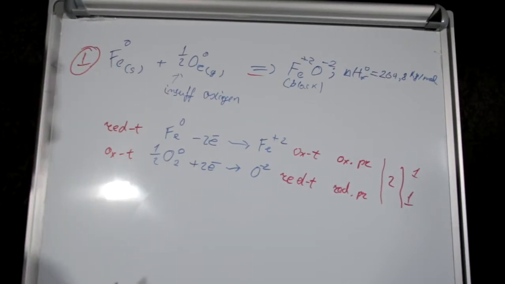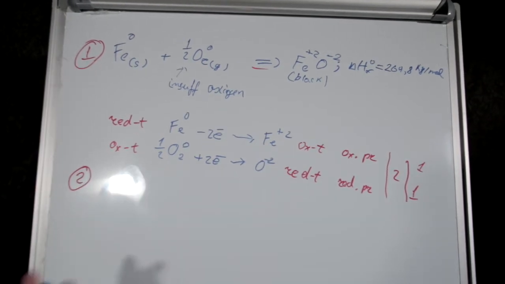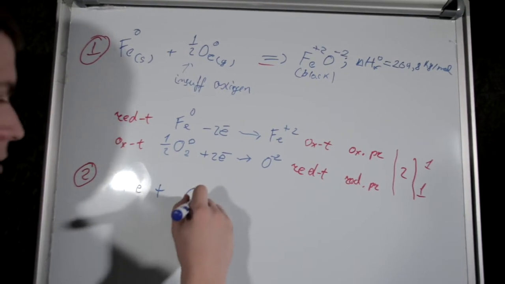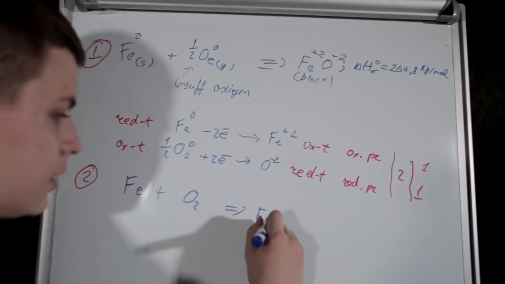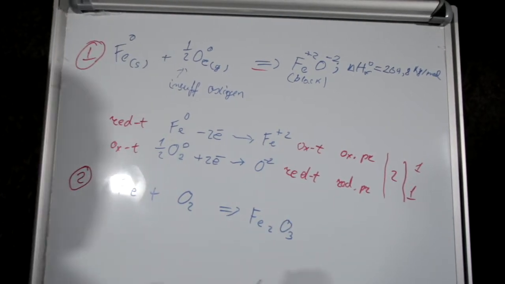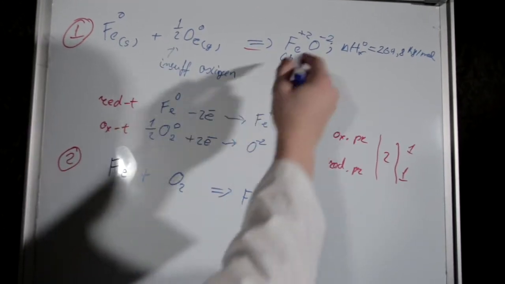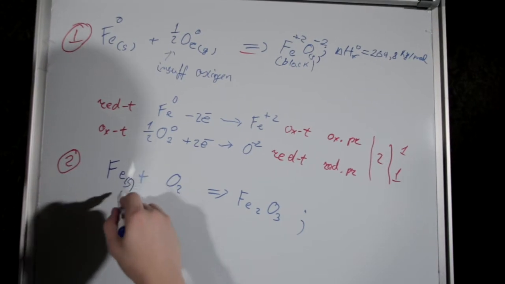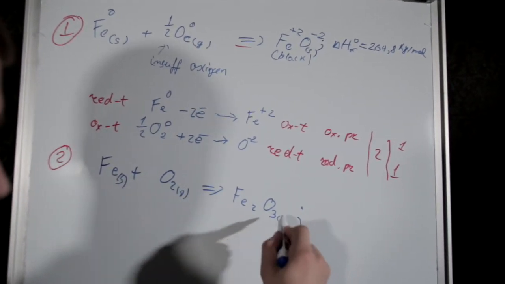Moving on to the second. Iron plus oxygen, iron 2, oxygen 3. Okay, so here is solid, here is solid, here is gas, and this one is solid.